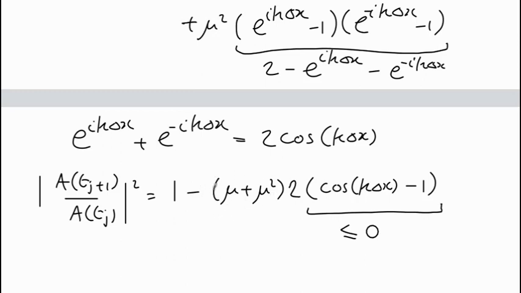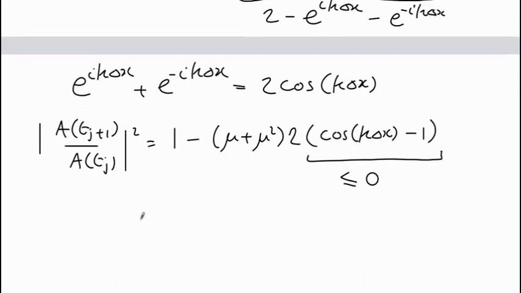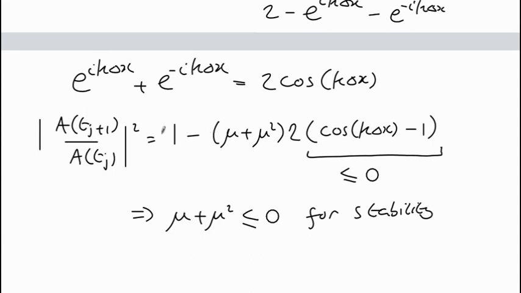So if this is positive, then this whole thing is bigger than 1, and we have a growing wave. Therefore, we must have that mu plus mu squared must be less than or equal to 0 for stability, because if it's bigger than 1, then this is larger than 1, and the wave is growing.